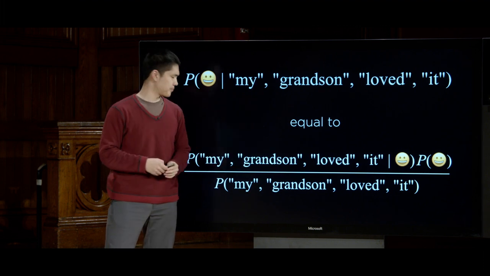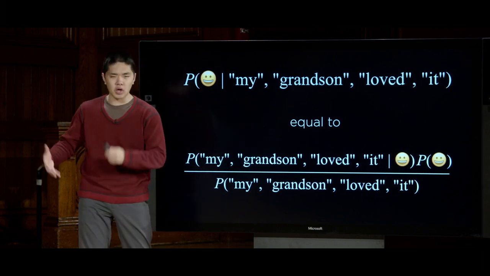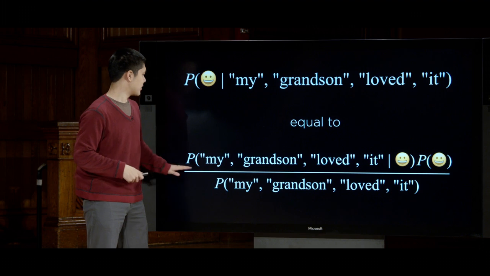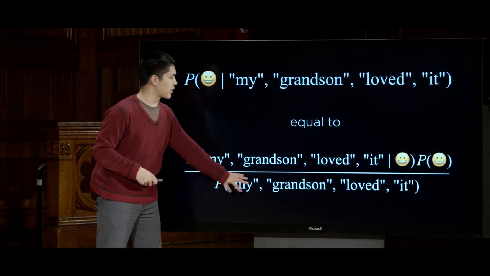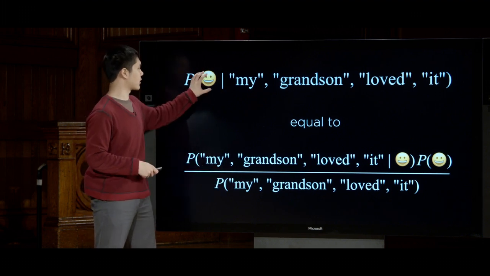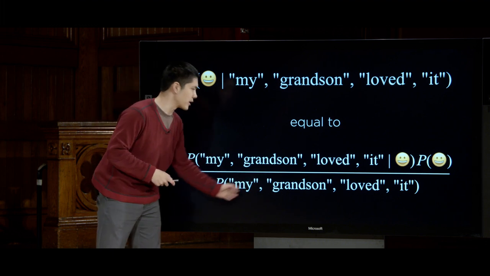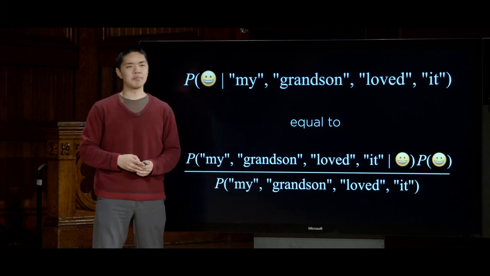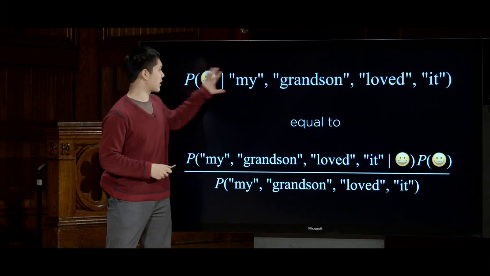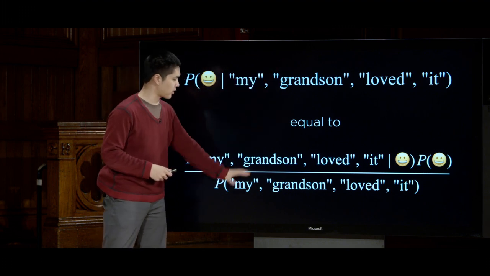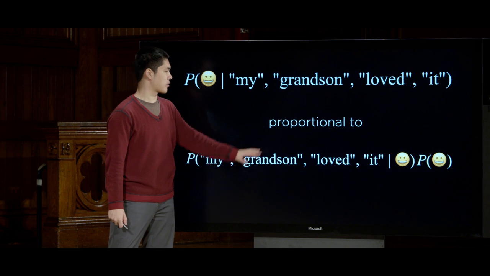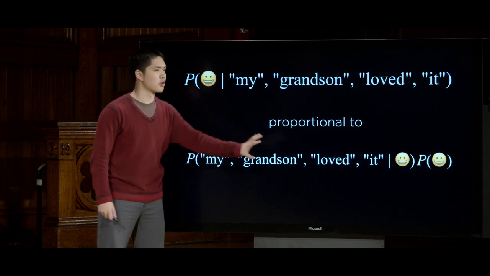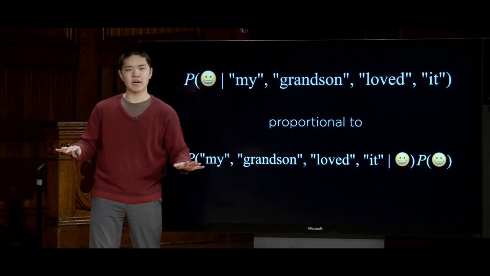And it turns out that, as you might recall back when we talked about probability, this denominator is going to be the same regardless of whether we're looking at positive or negative messages. The probability of these words doesn't change because we don't have a positive or negative down below. So rather than say that this expression up here is equal to this expression down below, it's really just proportional to just the numerator. We can ignore the denominator for now.